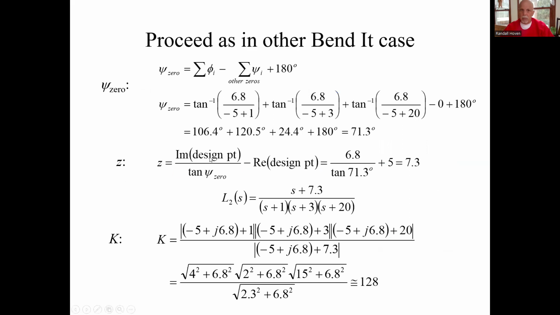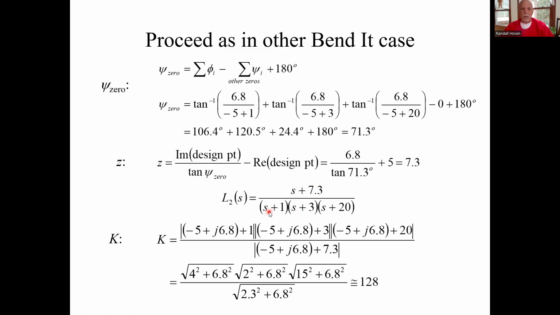And we had another formula that says, what is Z, now that you know that angle? It's the imaginary part of the design point, which is 6.8, over the tangent of the angle, 71.3, minus the real part of the design point, which is minus a -5, which is 7.3. There's our Z.